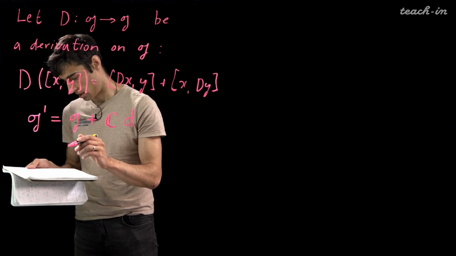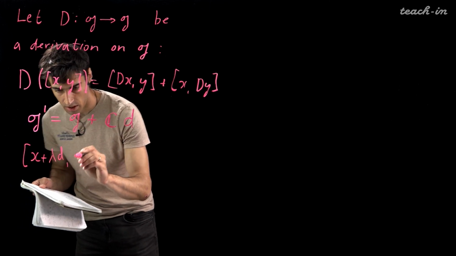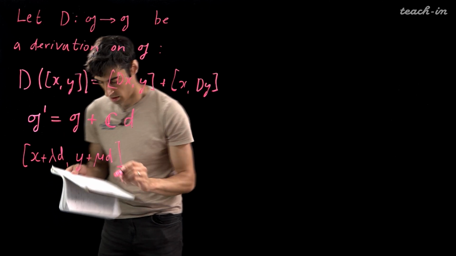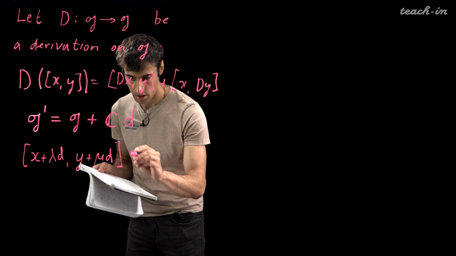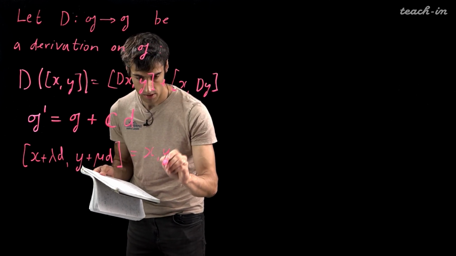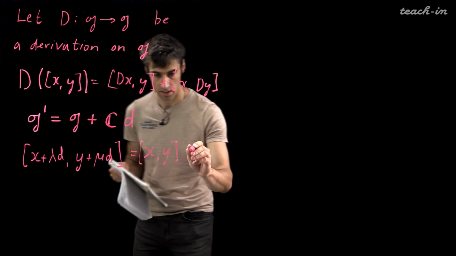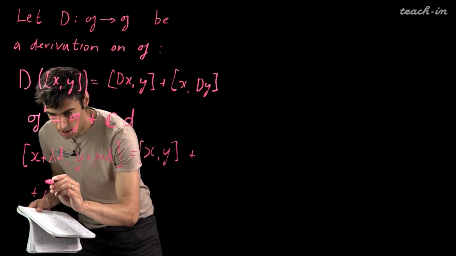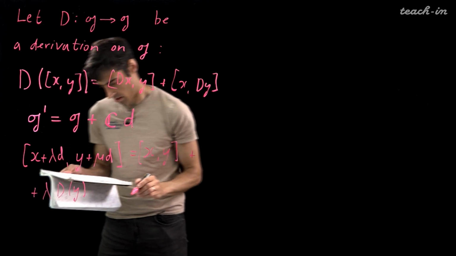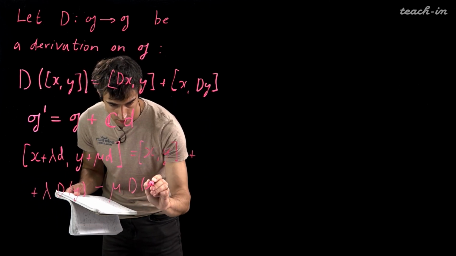So I say that x plus lambda d and y plus mu d, such a thing is just the commutator of x, y plus lambda d of y minus mu d of x.